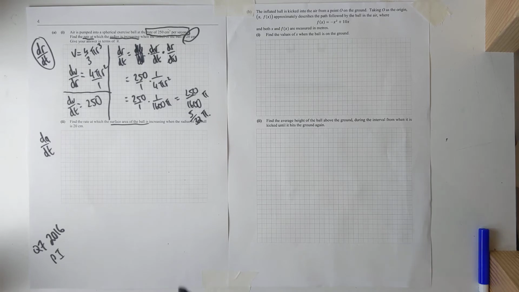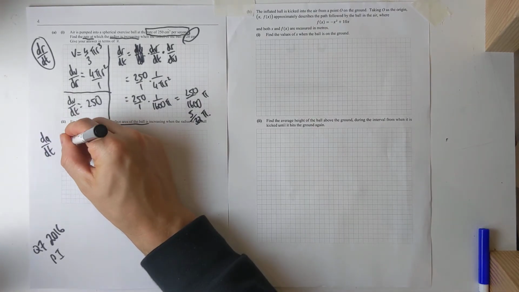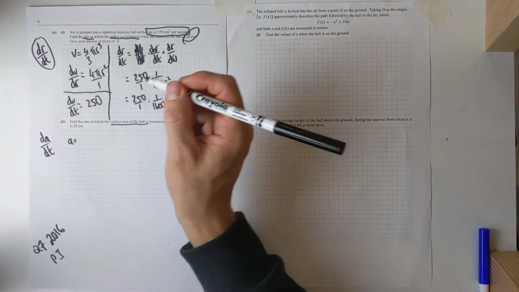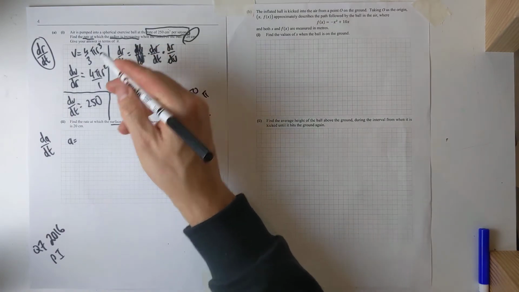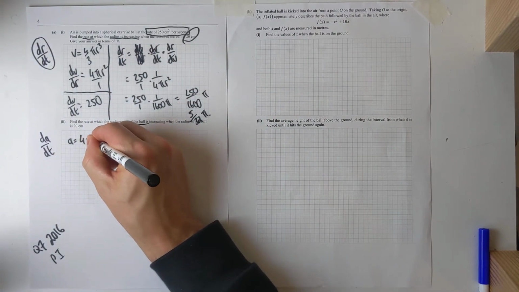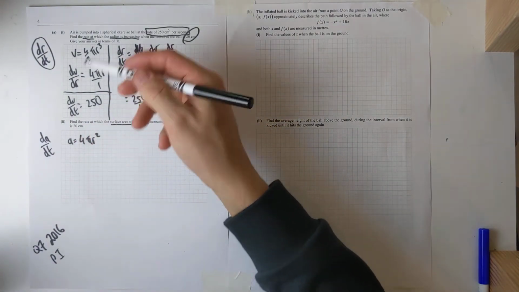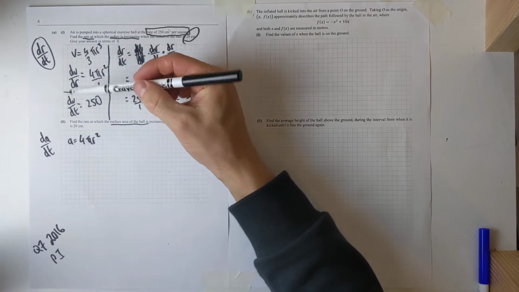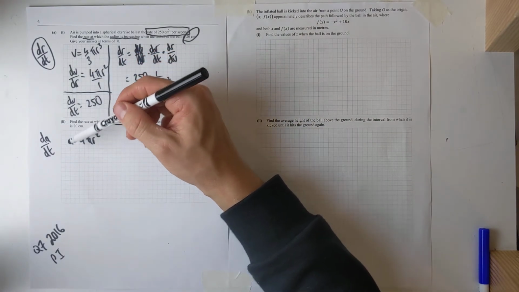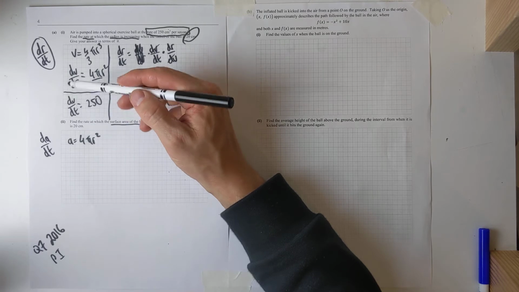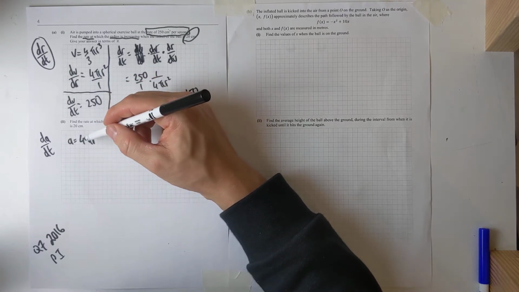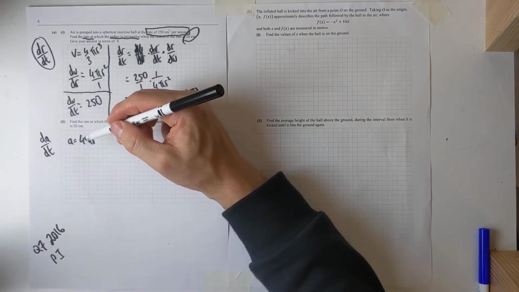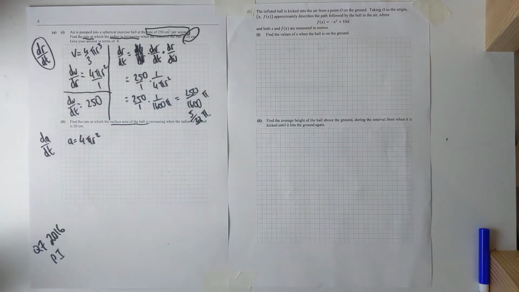So the curved surface area of a sphere is, surprisingly, 4 pi r squared, but you can look that up.